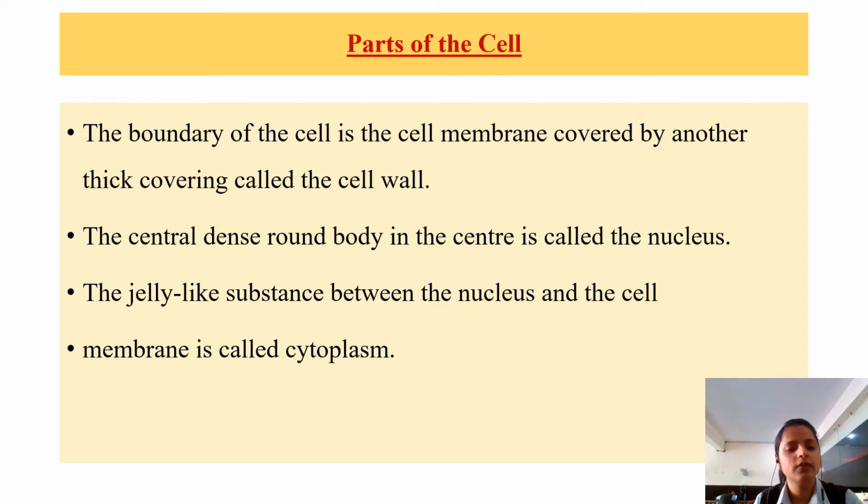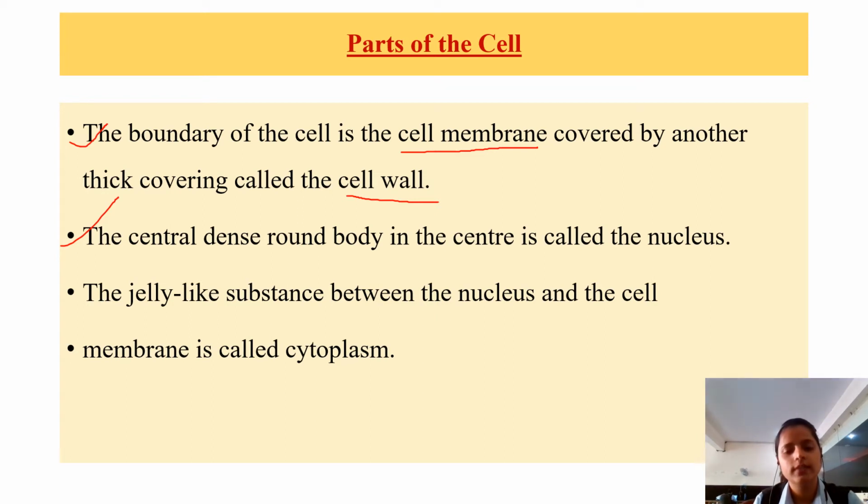Okay, so here I have 4 points about the parts of the cell. The first point: the boundary of the cell is the cell membrane, covered by another thick covering called the cell wall. So the outer part is the cell wall, and inside the cell wall there is another membrane called the cell membrane. The second point: the central dense round body in the center is called the nucleus.